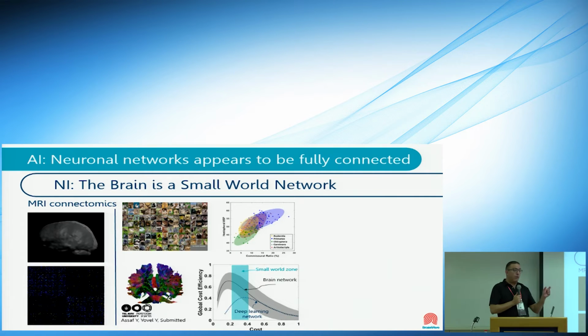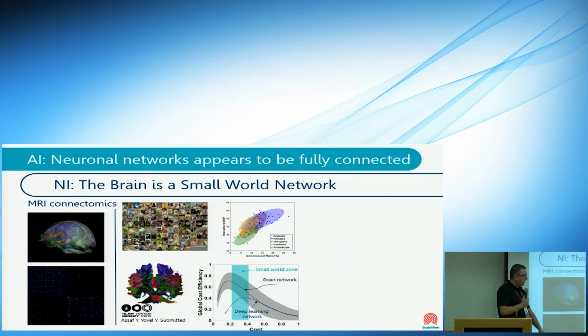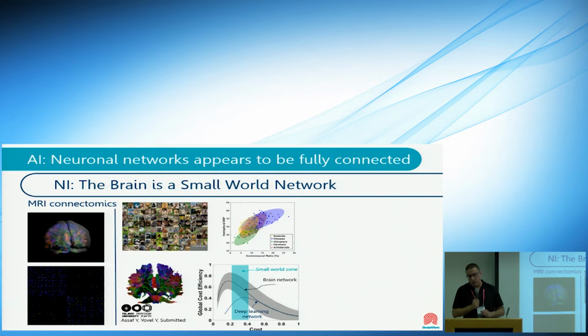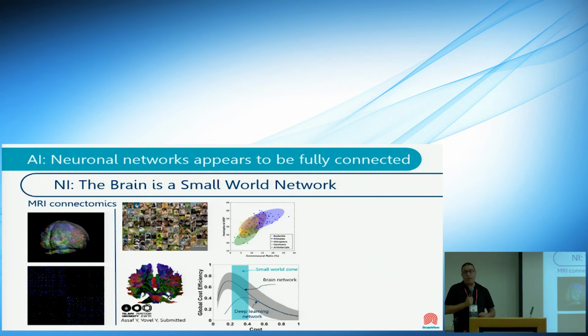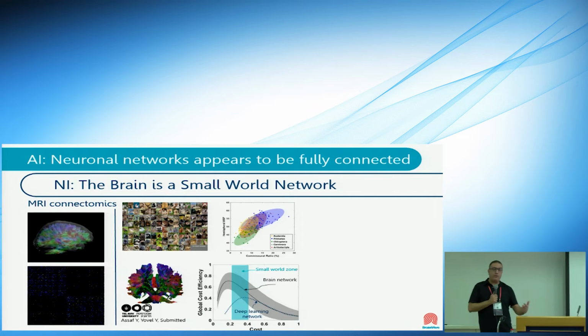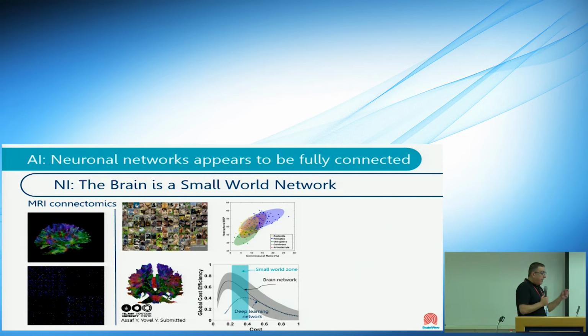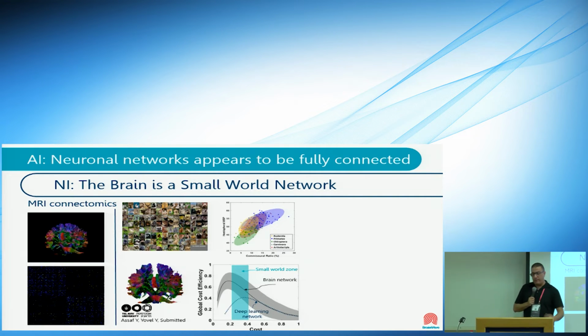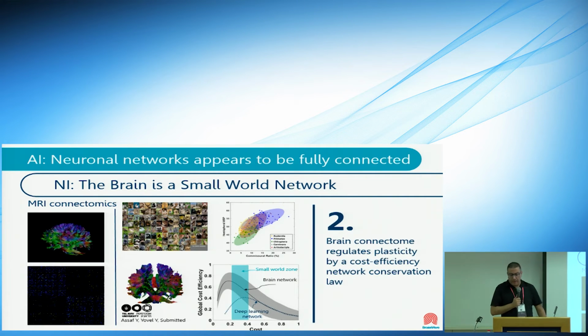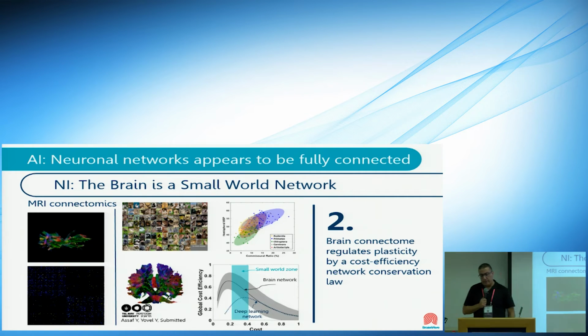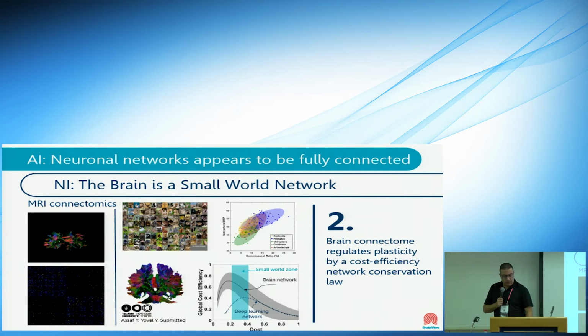This peak is the small world zone, which means that the brain behaves as a highly efficient network. And there are regulation laws, and we need to use them in order to create a brain machine. So the brain connectome, if we can measure it, and we can, regulates plasticity and learning by cost efficiency minimization of the conservation.